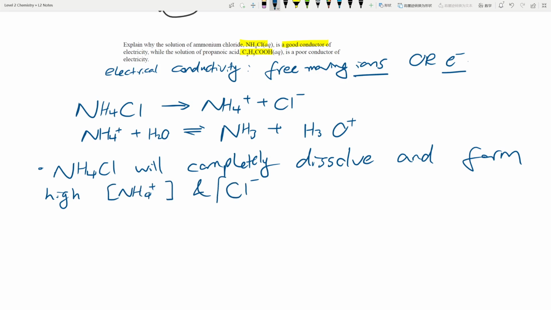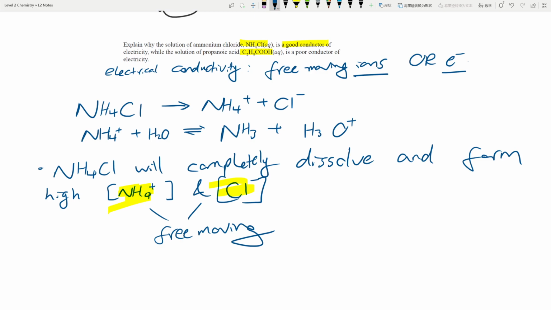Now these things here, as you can see from their charges, these two species are free moving because they're dissolved in the liquid, and then they can go wherever they want.